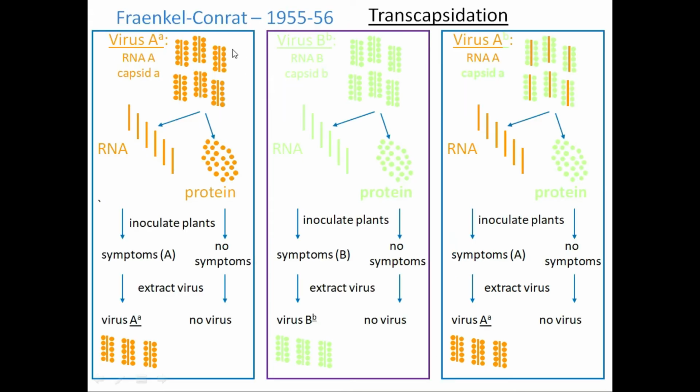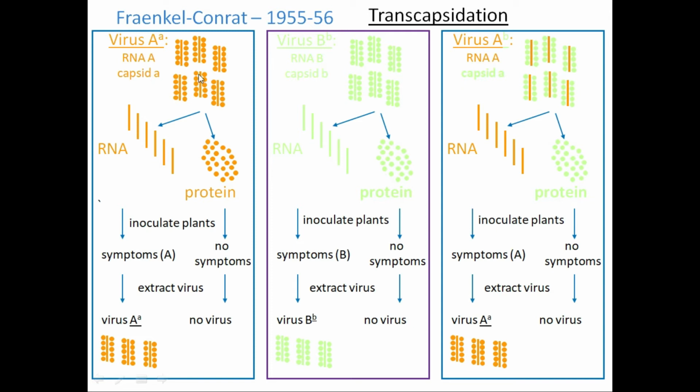So the detailed study of transcapsidation, what does it say? Say we have a virus A and its RNA is called RNA A, and the protein coat of the virus is technically called capsid.